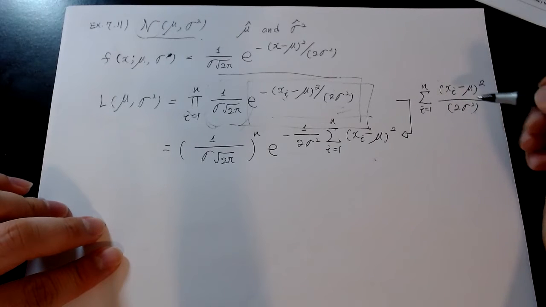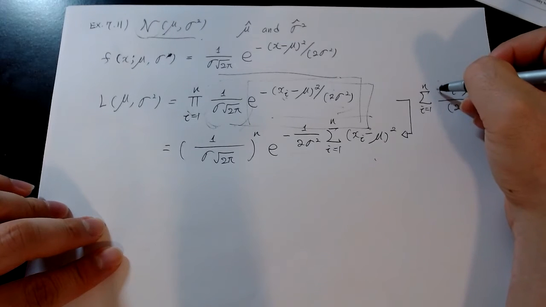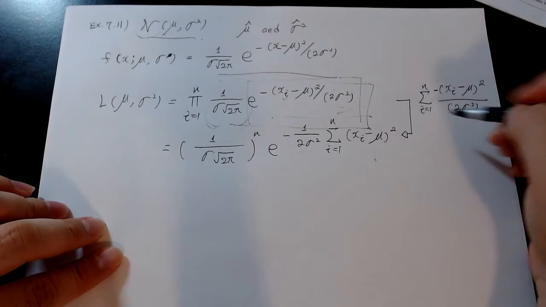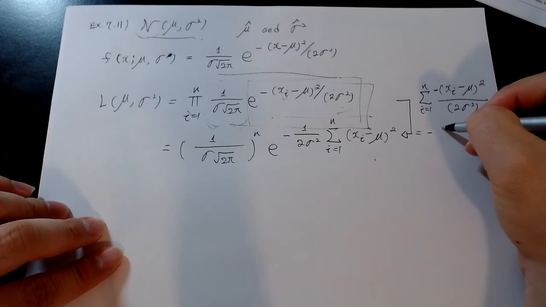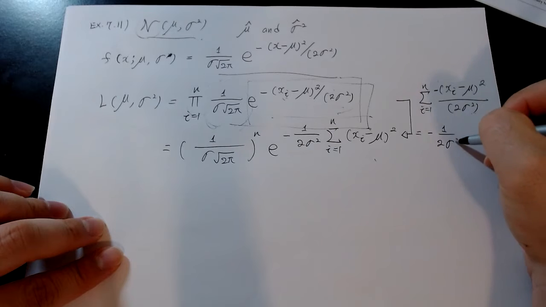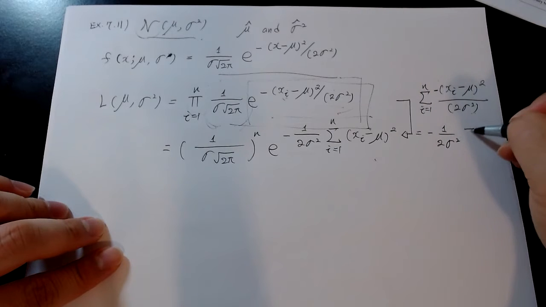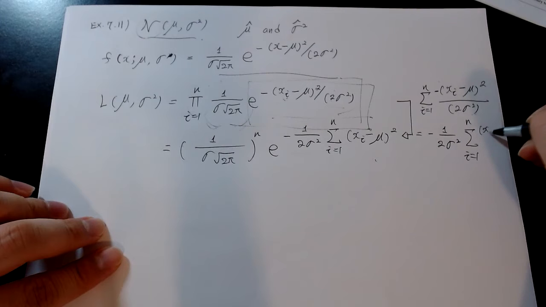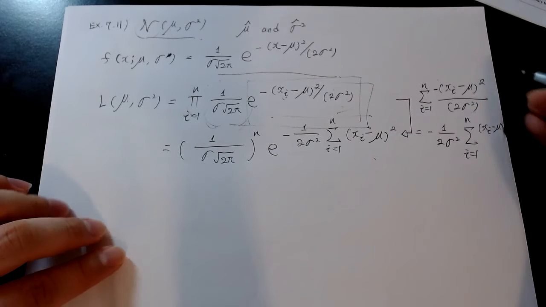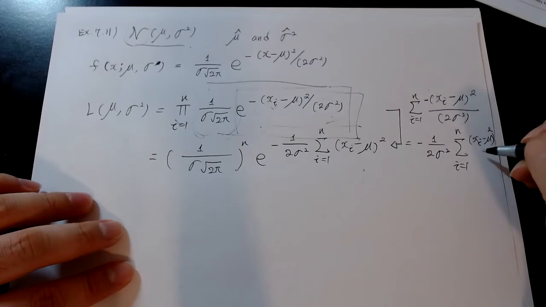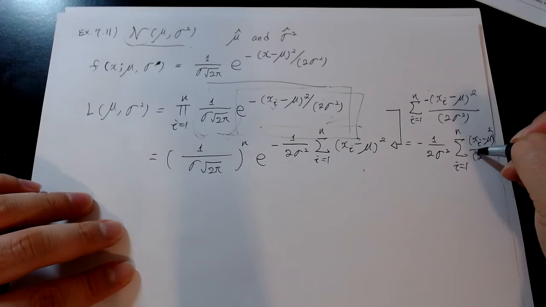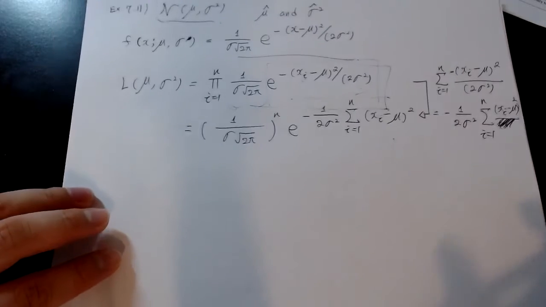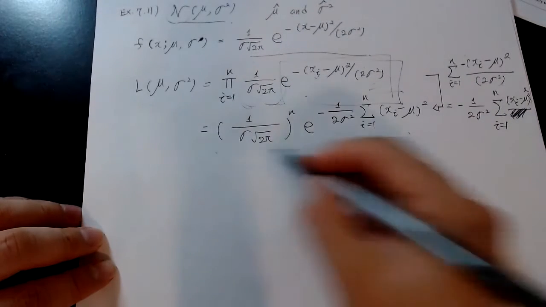I forgot the negative sign right there, so I'll bring out the negative 1 over 2 sigma square. So this is equal to negative 1 over 2 sigma square, times the sum for i goes 1 through n of (xi minus mu) squared. Sorry, so we got this.